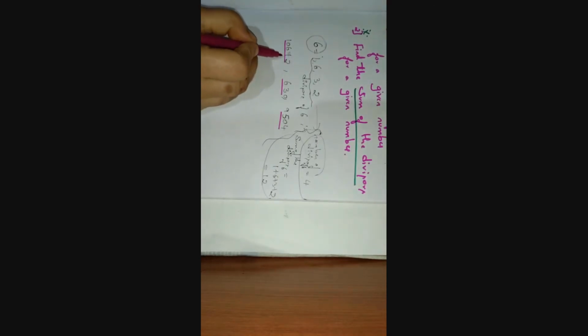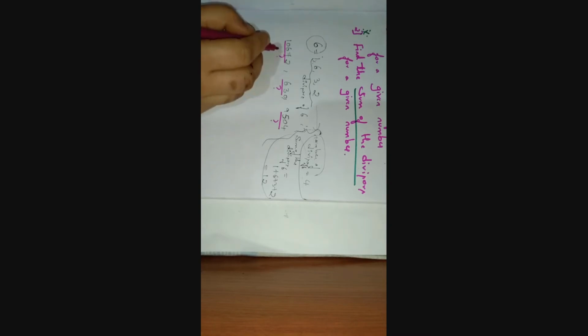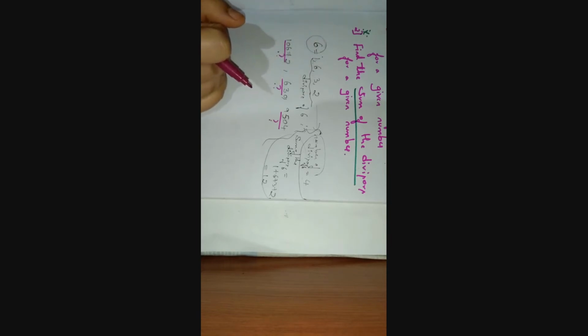So in order to get the number of divisors for this or this, and also the sum of the divisors for this and this and this, we have one particular method where we can actually find the number of divisors and the sum of the divisors for a composite number. Okay, we have that one particular method.